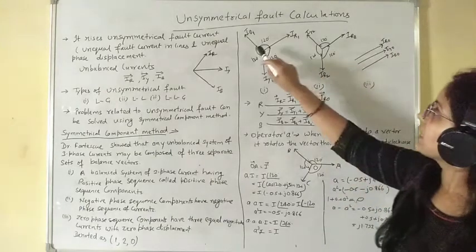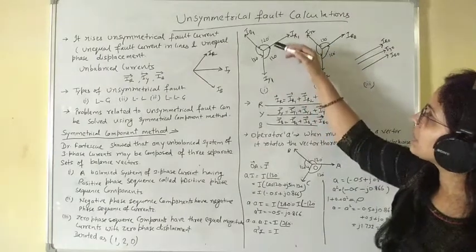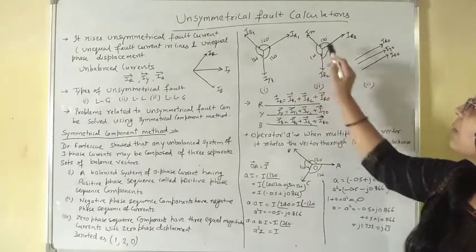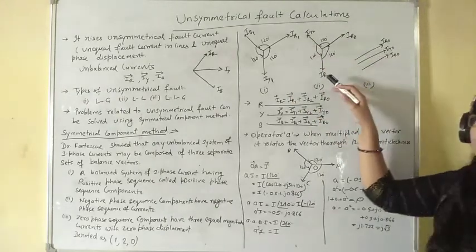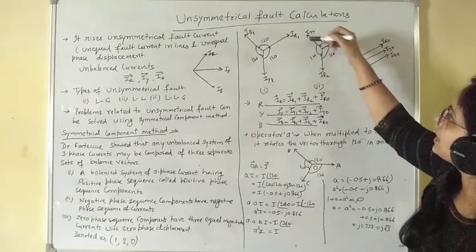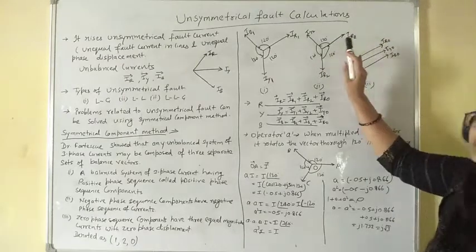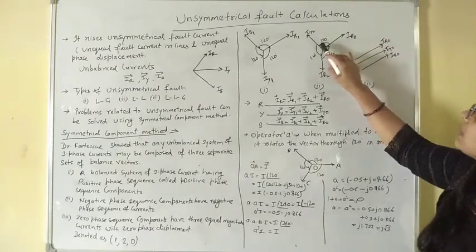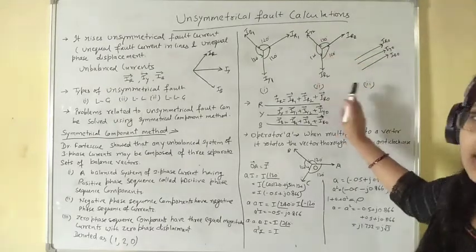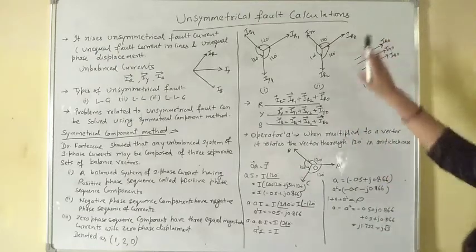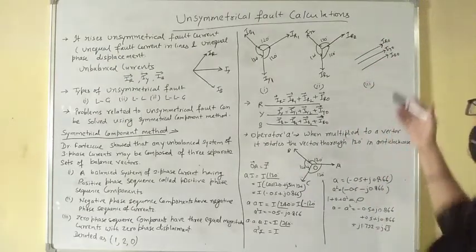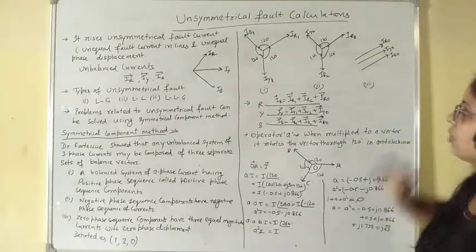In the first case the phase displacement is plus 120 in all the cases, but in negative phase sequence, when IY2 is drawn, we can see that the phase displacement is minus 120. That means it is negative phase sequence. Then in this diagram there is no phase difference, zero phase difference, and all magnitudes are equal.